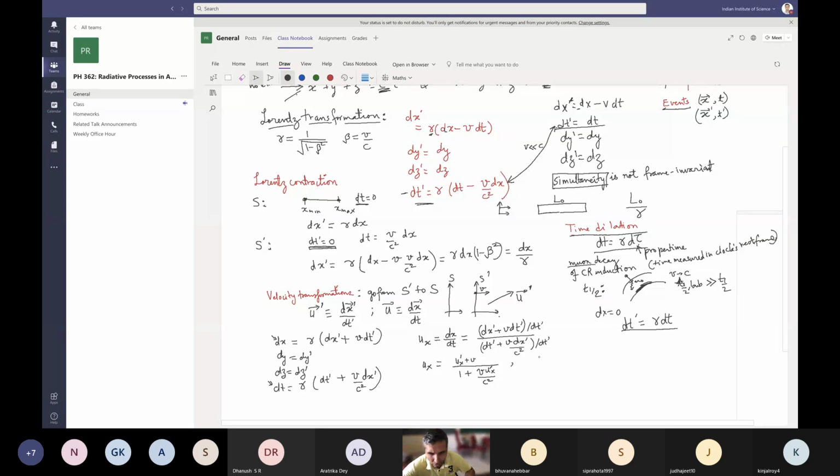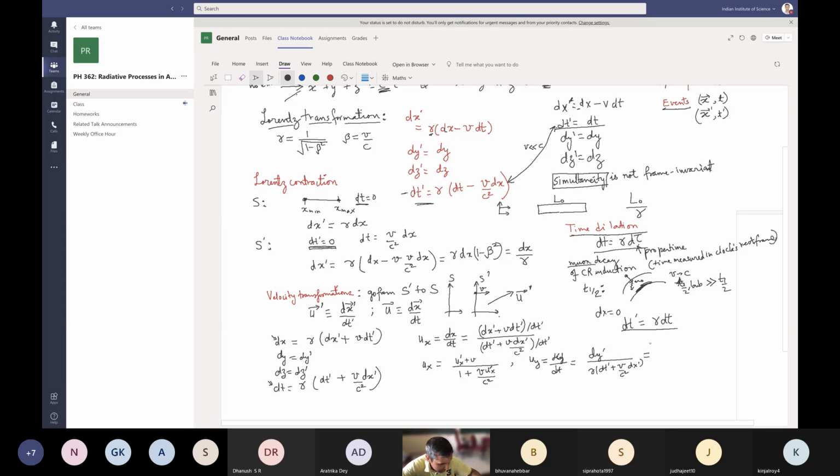What about in the y and z directions? So uy, you have to just divide dy by dt, right? So this is equal to dy by dt. How do you do this? dy is dy prime, and dt is gamma times dt prime plus v by c squared dx prime.